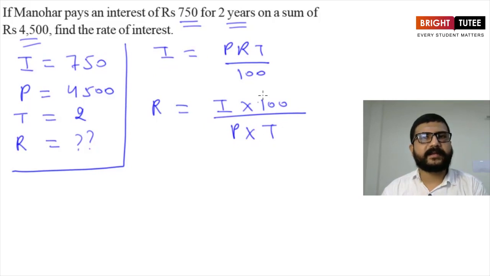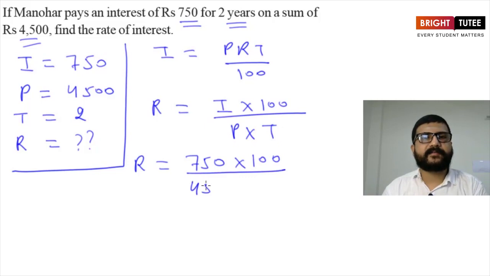So they will come in the denominator and 100 will come in the numerator. So now rate is equal to interest into 100 upon principal into time. So let's put the values now. I is 750. This becomes 750 into 100 divided by 4500, which is principal, into 2.